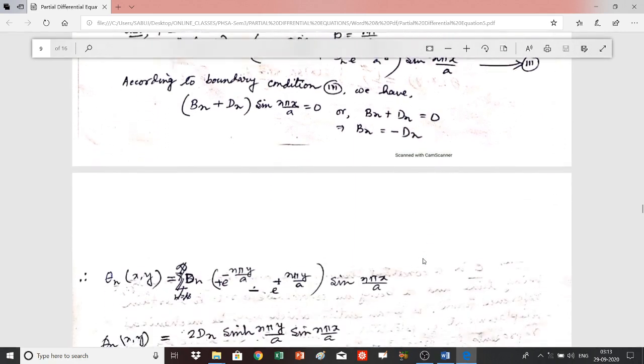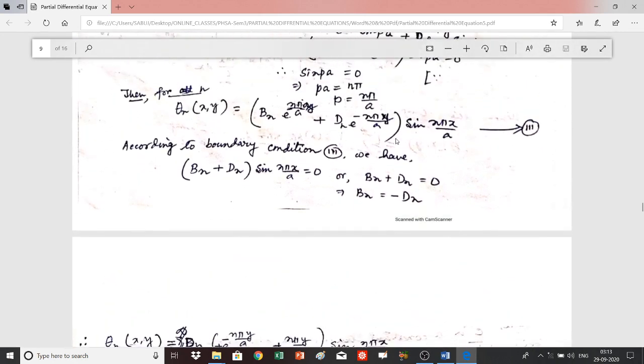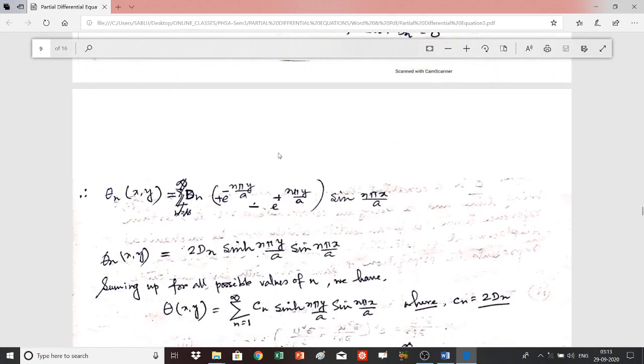Now just write the value of Bn and Dn in this expression, that is in equation number 3. That will give you theta n xy, that is Dn, e to the power minus n pi y by a minus e to the power n pi y by a, sin n pi x by a. So this term gives you sin hyperbolic n pi y by a, 2 sin hyperbolic n pi y by a.